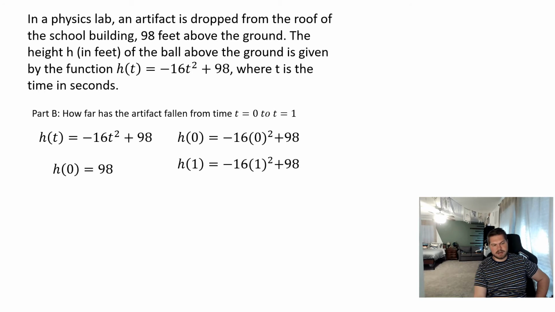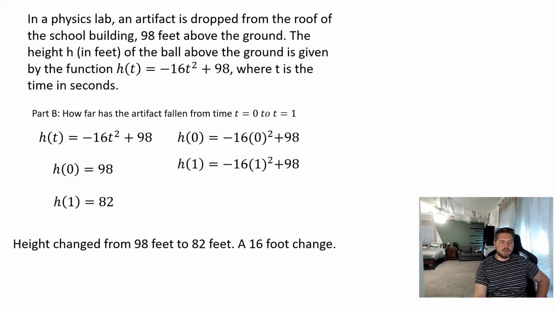So 1 squared, negative 16. Negative 16 plus 98, we get 82. So it went from 98 to 82, it had a 16-foot change. So the answer for part B is a 16-foot change, or went from 98 to 82. You can put either.